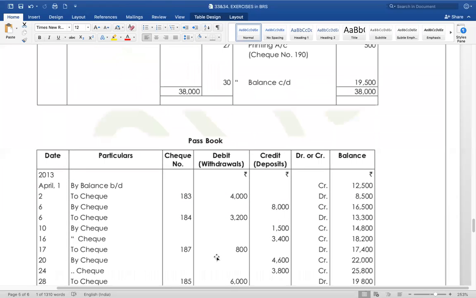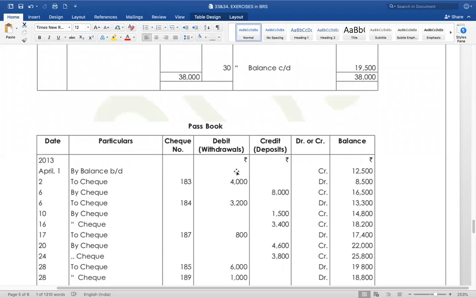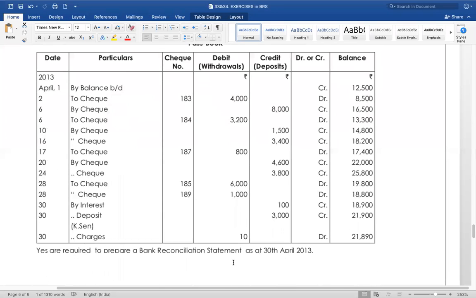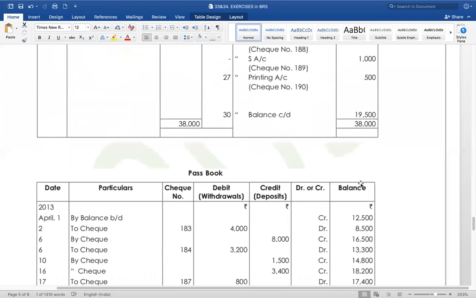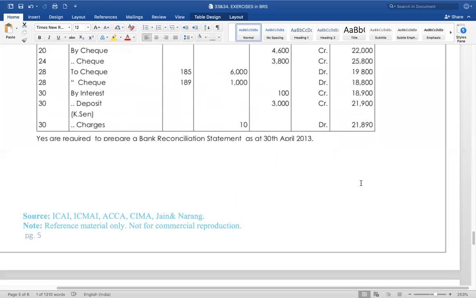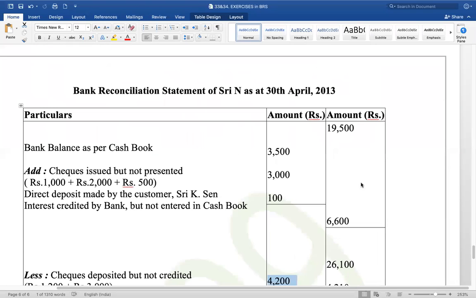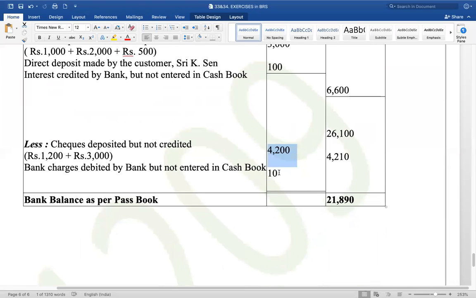Thereby the bank charged some expenses, thereby the balance as per passbook came down. The corresponding credit is not given in the cash book. This is 10 rupees: bank charges debited by the bank but not entered in the cash book.